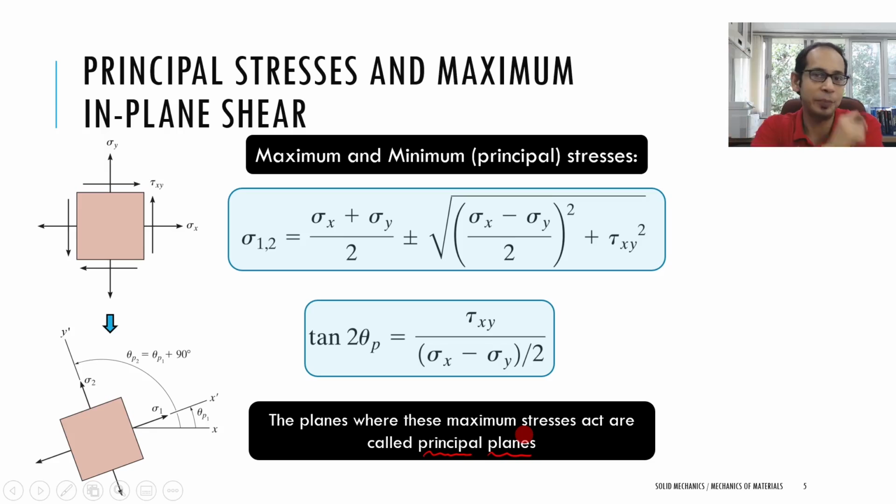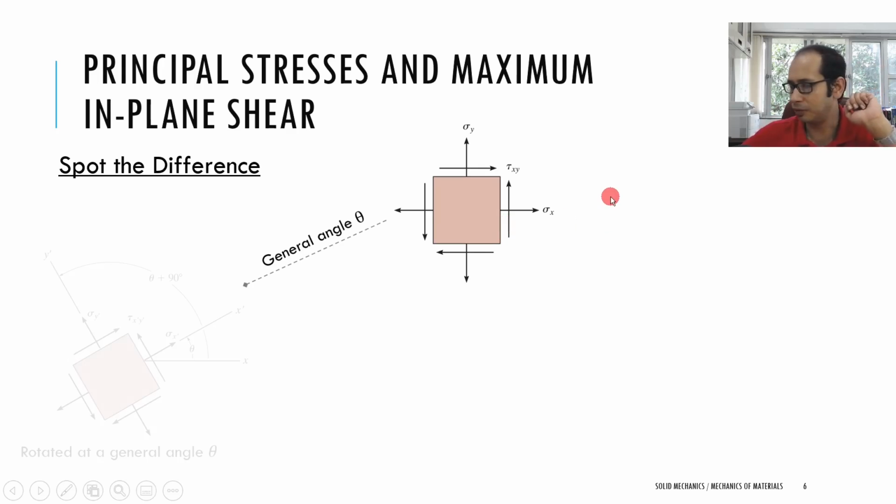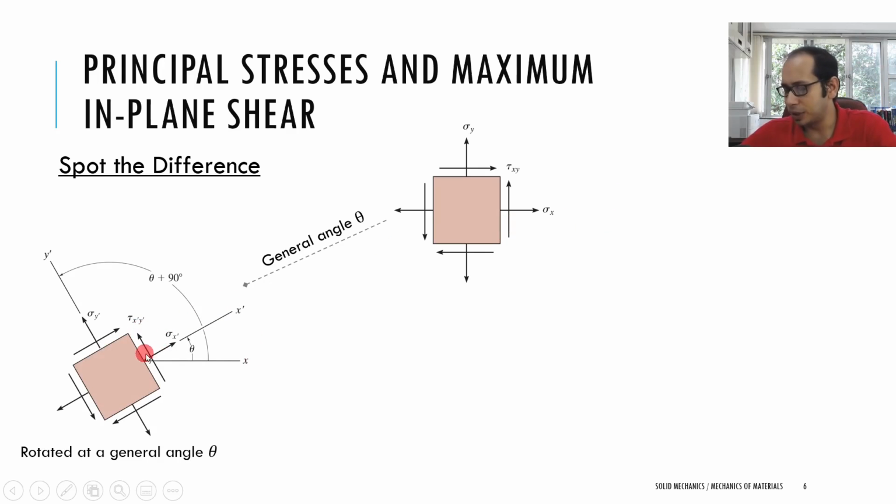Now let me point out something very interesting. I want you to spot the difference here. This is the original element which we started with. We have not rotated it. For this element, when I gave a general anticlockwise angle of rotation theta, there was a set of stresses about that rotated plane: sigma x prime, sigma y prime, tau x prime y prime.